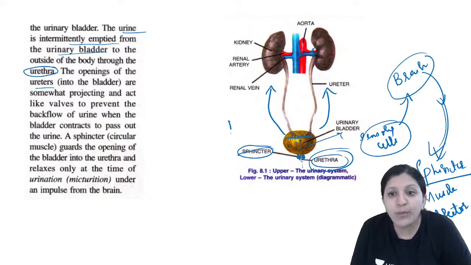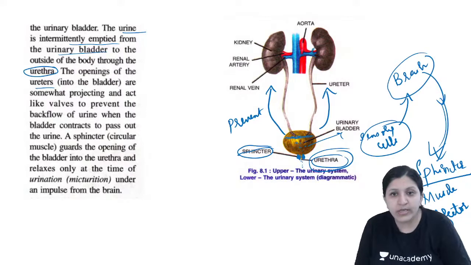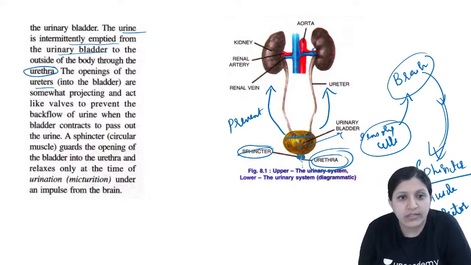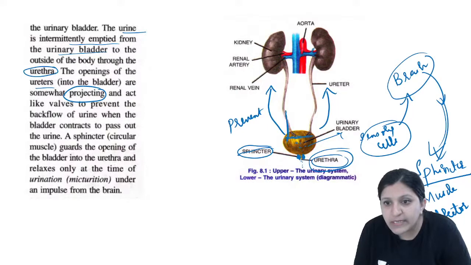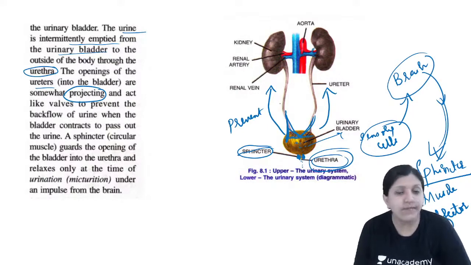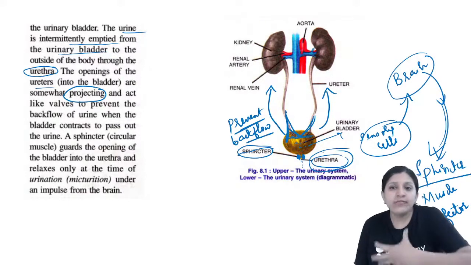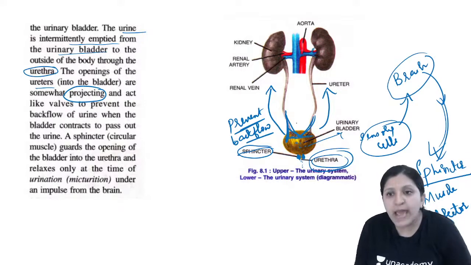In order to prevent the backflow, this ureter is somewhat projecting. You can see it is not completely straight like this, it is somewhat projecting like this. This projecting end of the ureter will not allow the backflow of the urine back into the ureter.